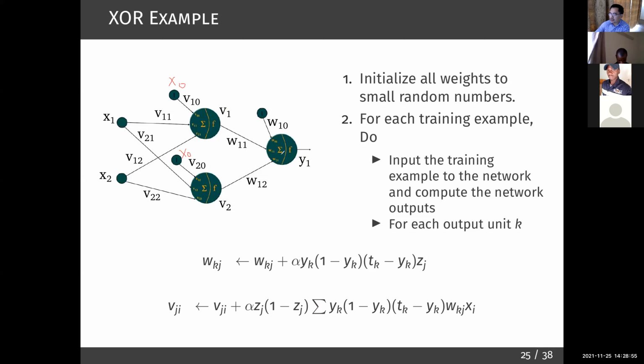Here you have Z0 multiplied by W10, this is your Z1, the output of that, and this is your Z2.